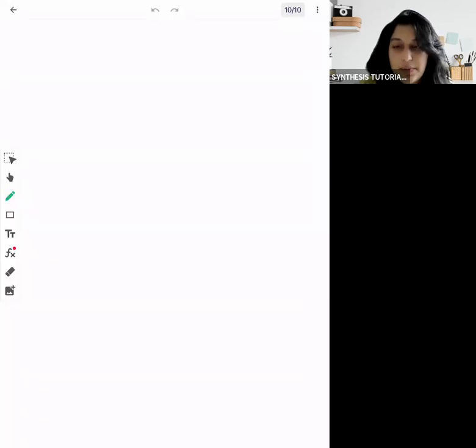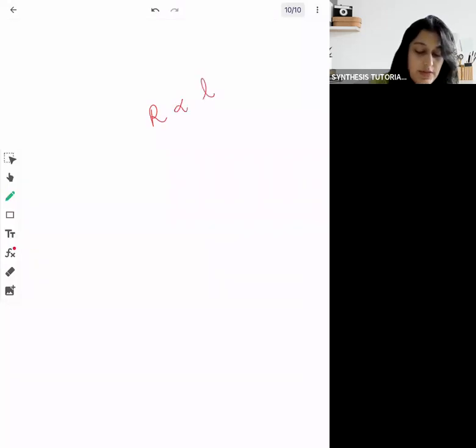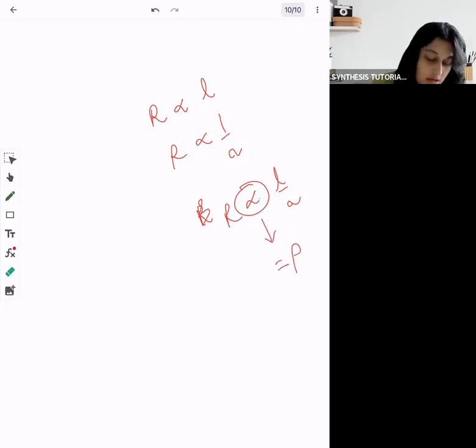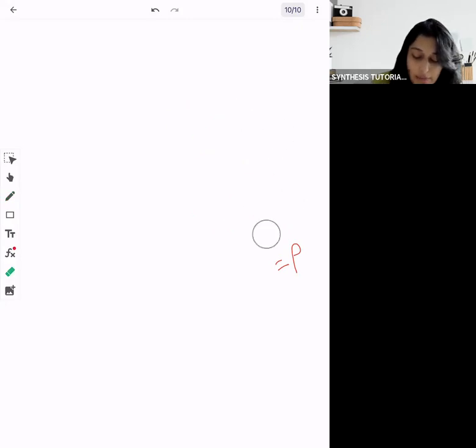When you put it in terms of ratio and proportion, a constant comes out. Resistance is directly proportional to length, and inversely proportional to area, so L upon A comes. You don't want this direct proportion, you want to equalize it, then you introduce resistivity. Let's read, we'll come to it.